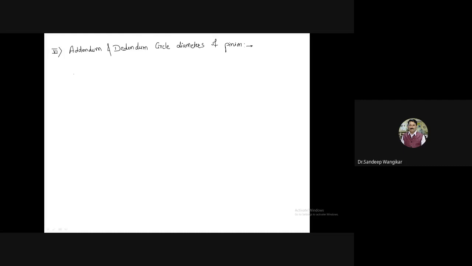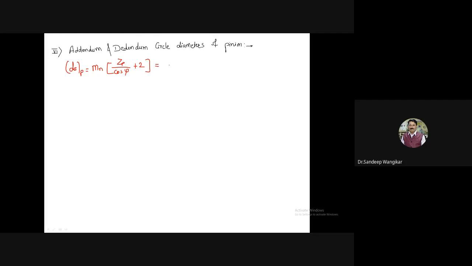So now we are having the formula: dA for pinion is equal to mn in bracket zp divided by cos of psi plus 2.